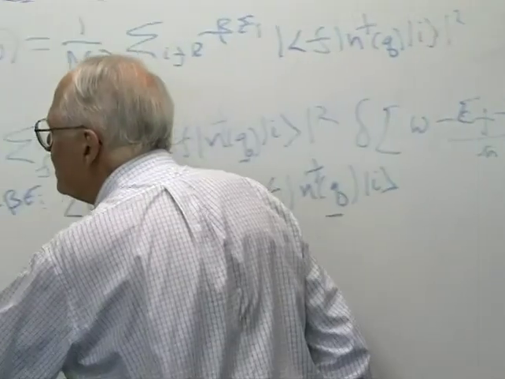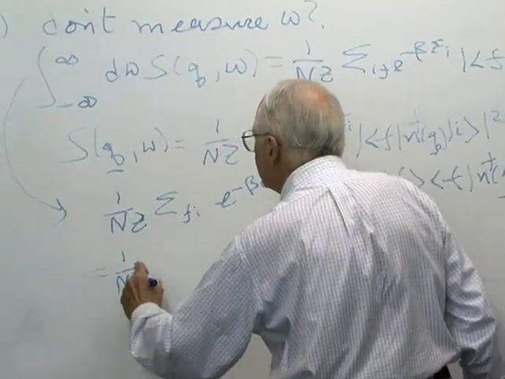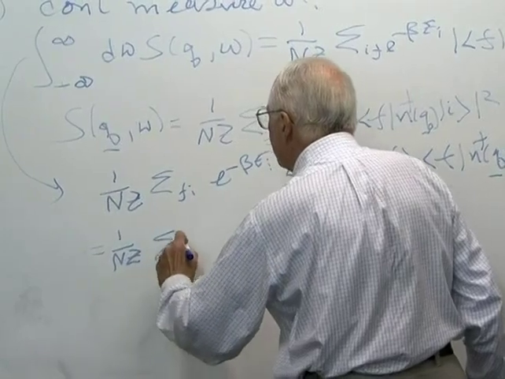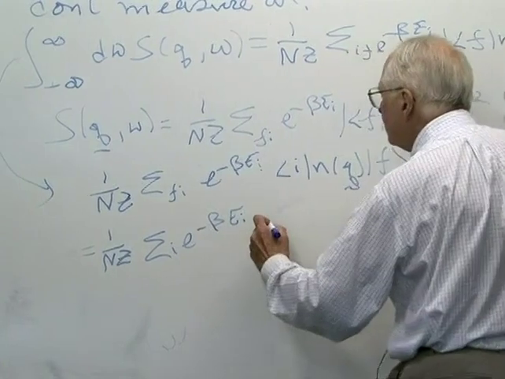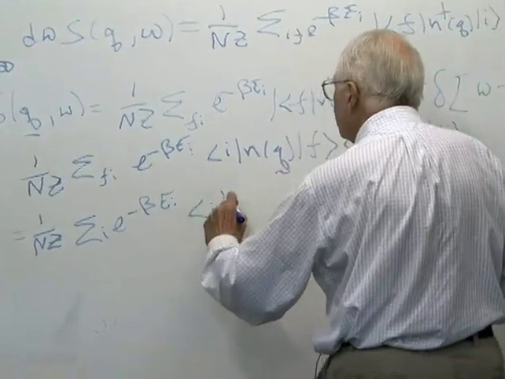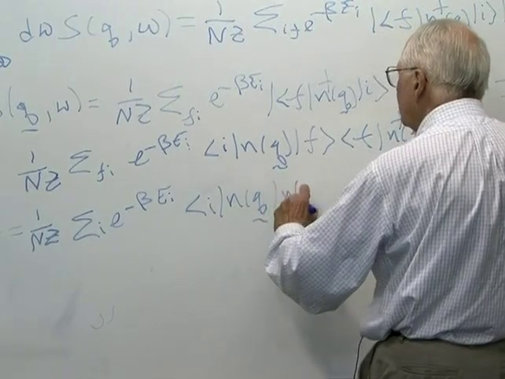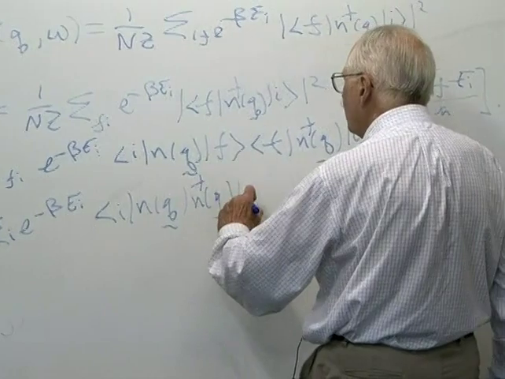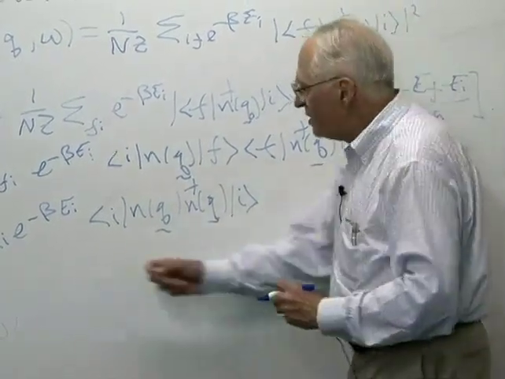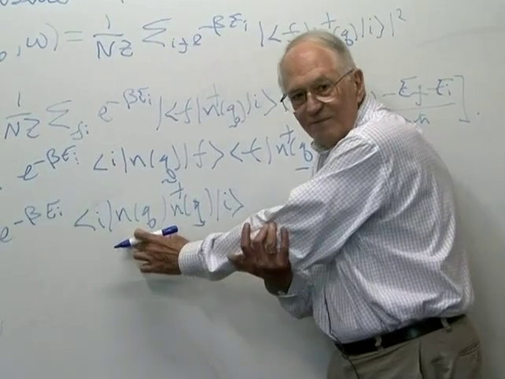And so I can write this now as 1 over nz, sum on i, e to the minus beta Ei times i n of q adjoint i.